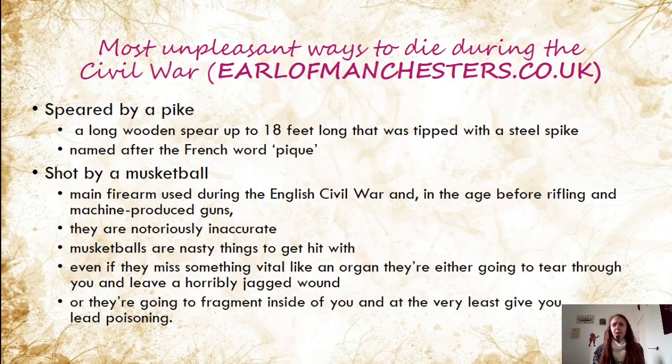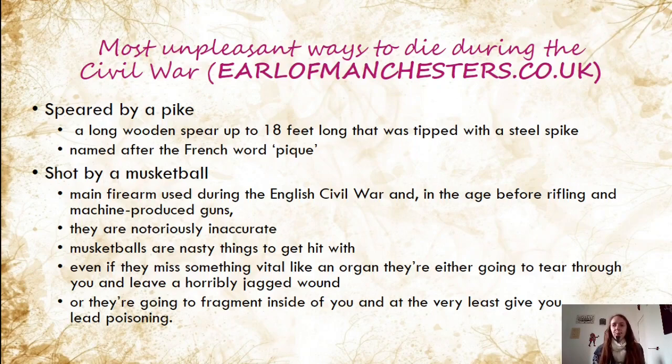This doesn't mean that there weren't several deaths, of course, quite more than several, with the most unpleasant ways to die during the Civil War being listed by the Earl of Manchester's .co.uk. So one of the worst ways to die would have been to be speared by a pike, which was a long wooden spear that was extremely long, 18 feet.